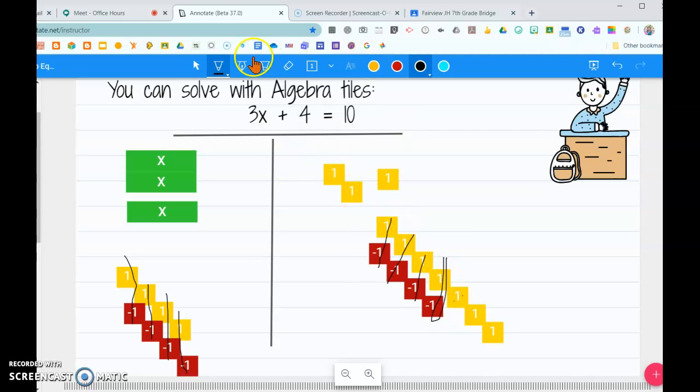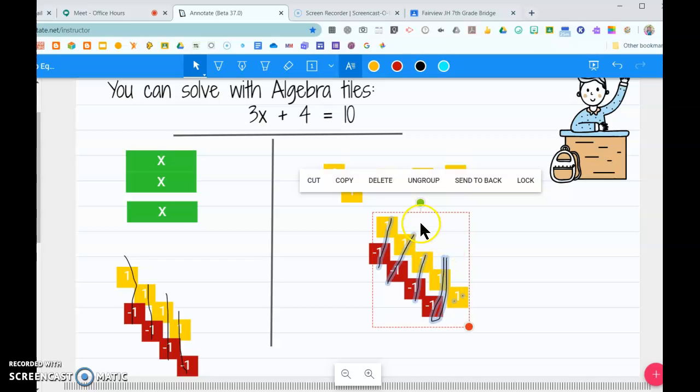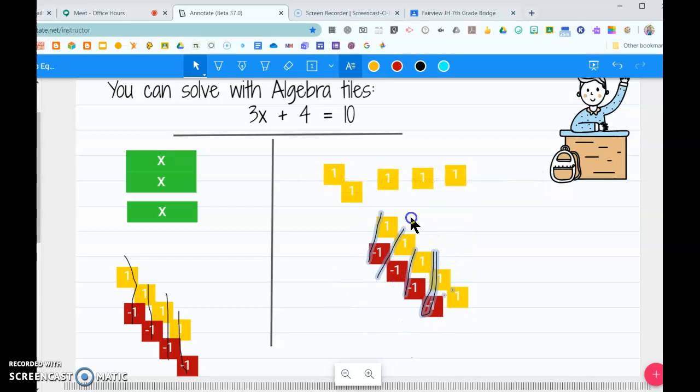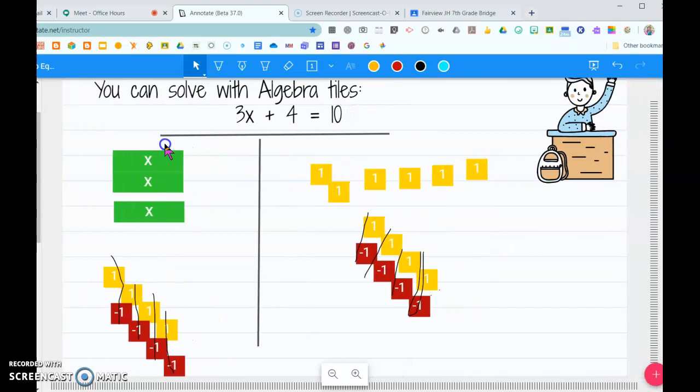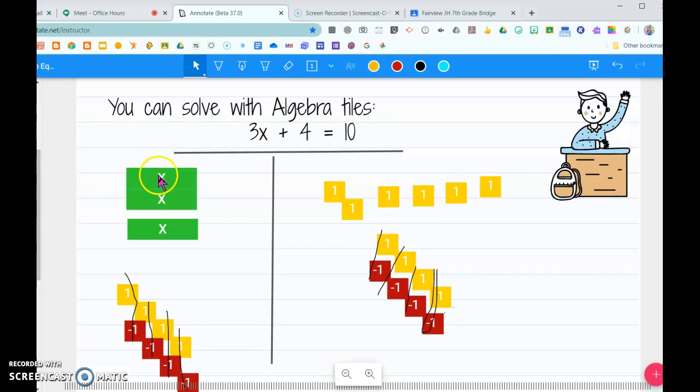I'm going to move the ones that are left up here so we know what we're working with. We have 3, 4, 5, and I need just this one. 6, okay? So now I'm left with 3x equals 6. Technical difficulties, my apologies.